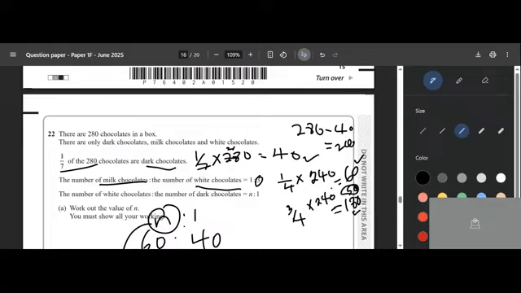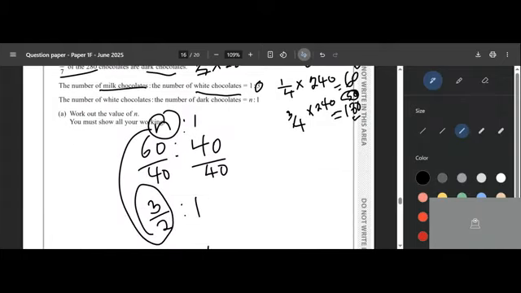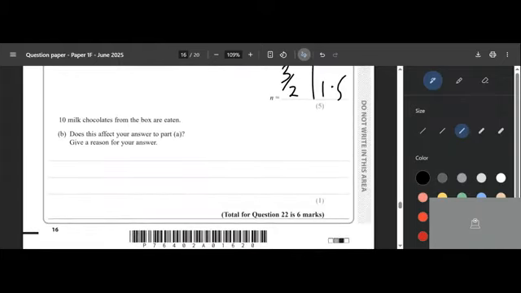The total number also is going to reduce. The total number is now becoming 170. So a seventh of 170 is around 24 or something. So it's first going to affect the fraction and also affect the answer of this. So what will I say? Does this affect your answer in part A? You say yes. Why?